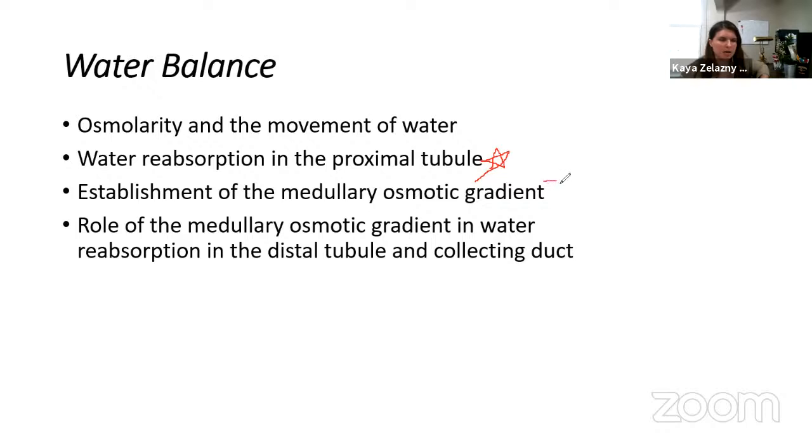So we're going to talk about how the medullary osmotic gradient gets established and how that affects the movement of water in the loop of Henle, but also in the distal tubule and the collecting duct. So we'll move forward into that.